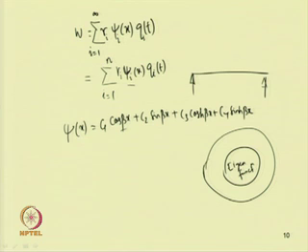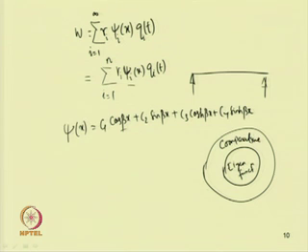The comparative function satisfies the differential equation and also the geometric boundary conditions. The eigenfunction satisfies both the differential equation and all boundary conditions. This comparative function satisfies only the boundary conditions, so it does not satisfy the governing equation.